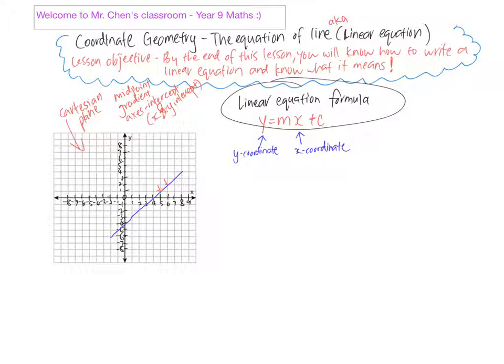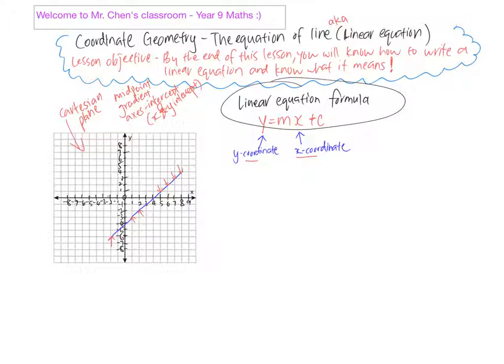At any point on the line, you can pick one of the coordinates and put the x and y in, and you will be able to check whether your linear equation is right or wrong. There are more points, I only drew a few.